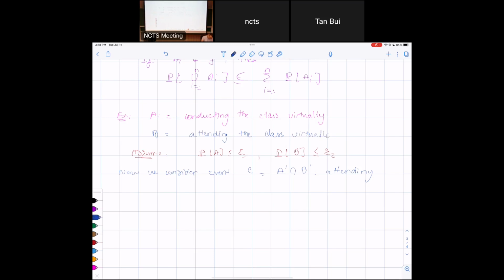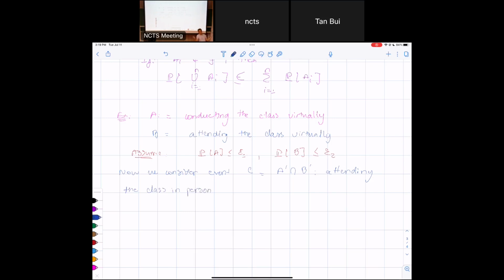I'm sorry, I miswrote, because otherwise it doesn't make much sense. It also makes sense that at this period of time, attending the class virtually is quite small. So C, the intersection of these two complementary events, would be attending the class in person.